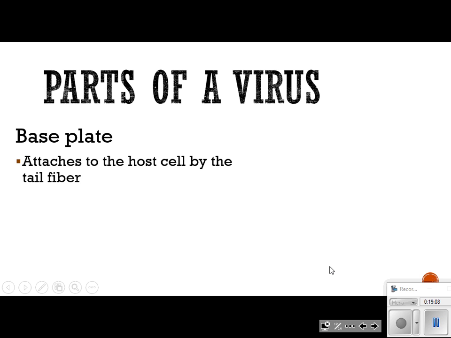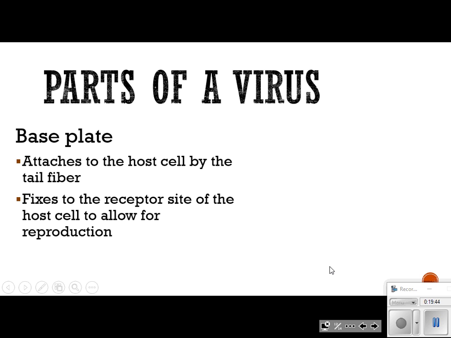The base plate is where the virus attaches to the host cell with the help of the tail fiber. The tail fibers look like the little legs of the bacteriophage.